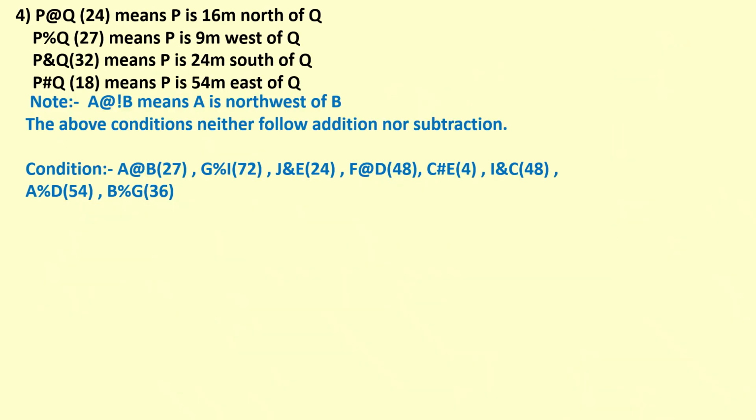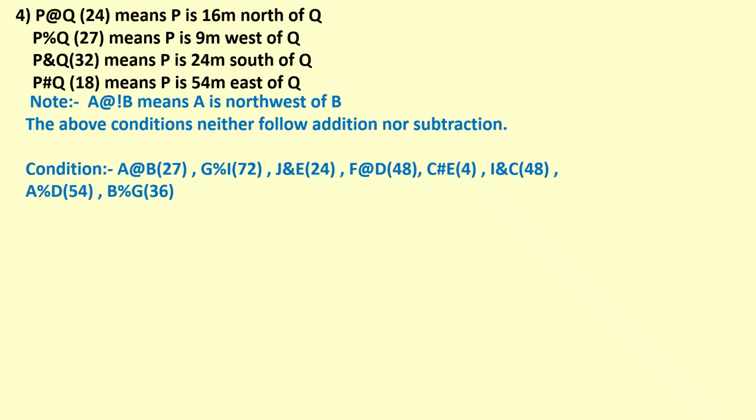Okay, students. Fourth question on your screen. Solve this. Two sub questions are there under this, but try to find out what is the logic behind this. Note they have given that A at B means A is northwest of B. The above conditions neither follow addition nor subtraction.